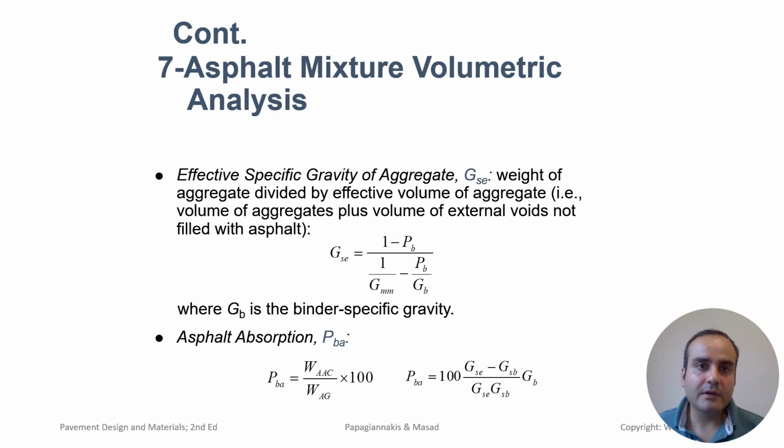Effective specific gravity of aggregate is defined as the weight of aggregate divided by effective volume of aggregate. Asphalt absorption refers to the amount of asphalt binder that is absorbed into the pores of the aggregate during the mixing process.